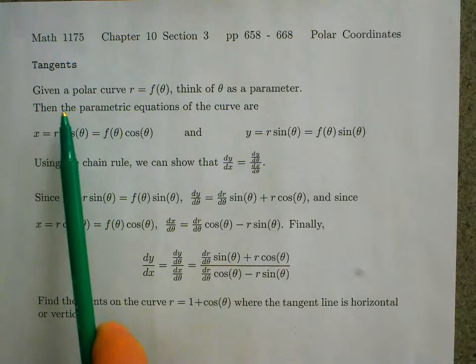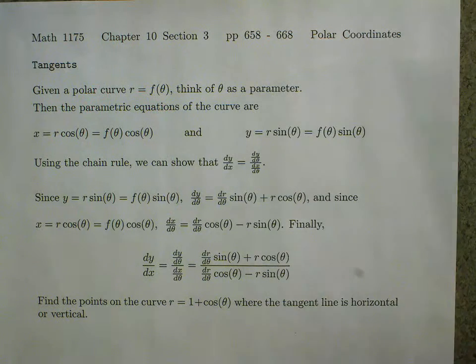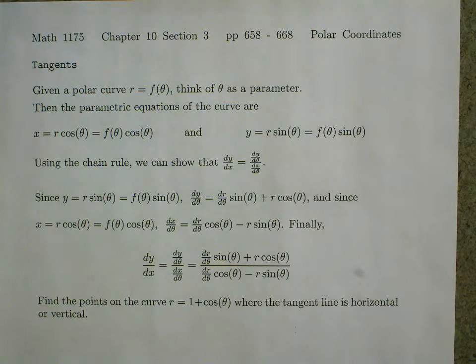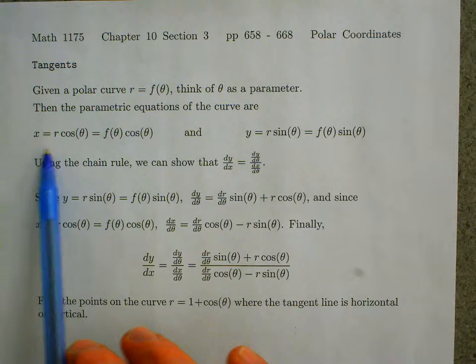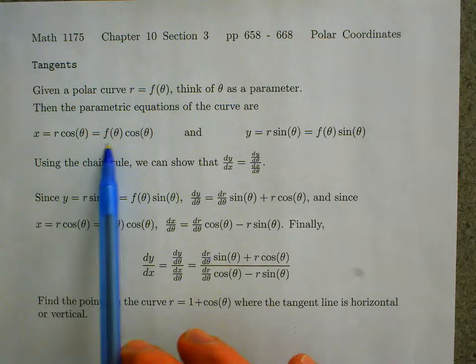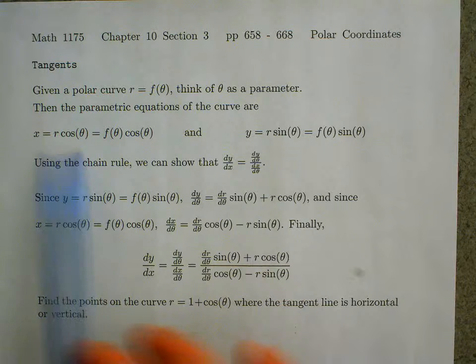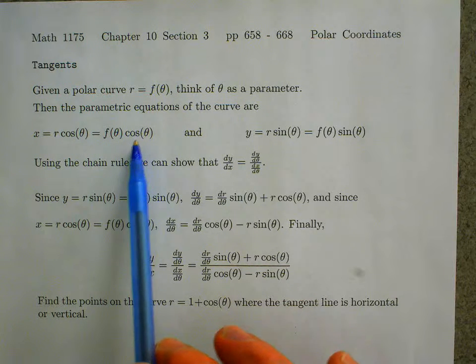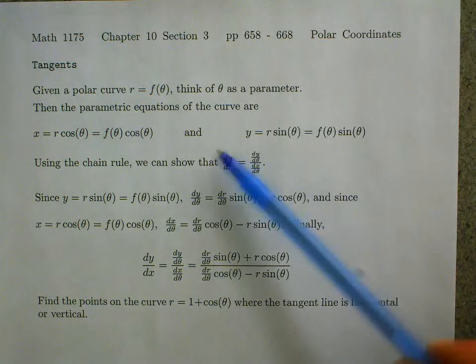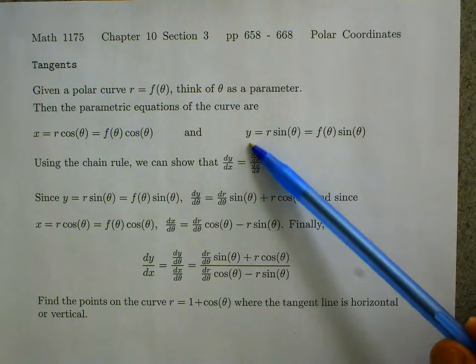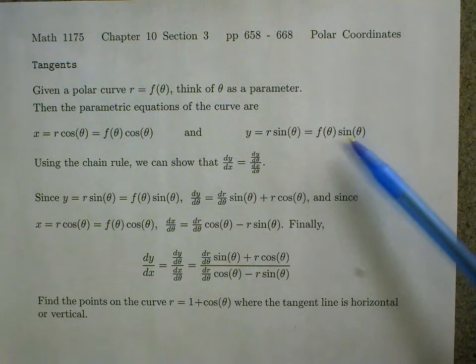So if we're given a polar curve r equals f of theta, we're thinking of theta as a parameter, then the parametric equations of the curve are x equals r times cosine of theta, but since r is f of theta, we can write that as x equals f of theta times cosine of theta. And also, since y equals r times sine of theta, we can express y as f of theta times sine of theta.